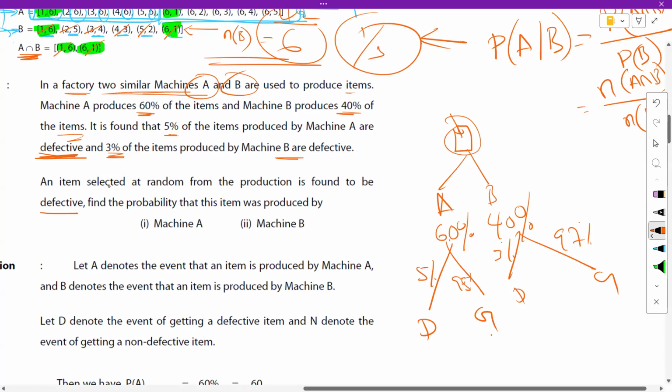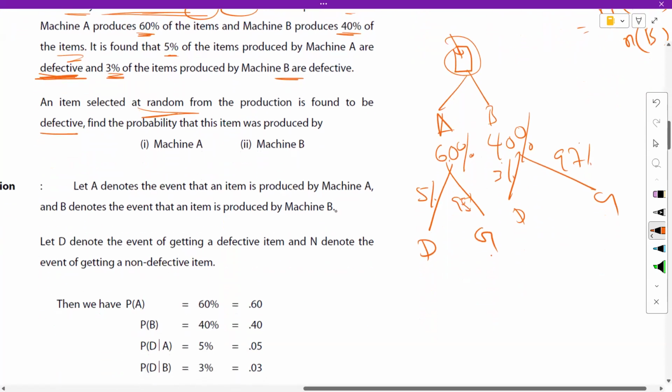Read carefully: an item selected at random. So this is the total production.